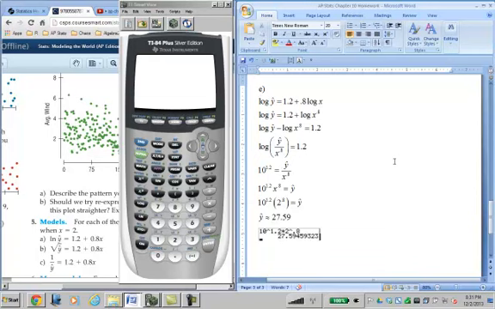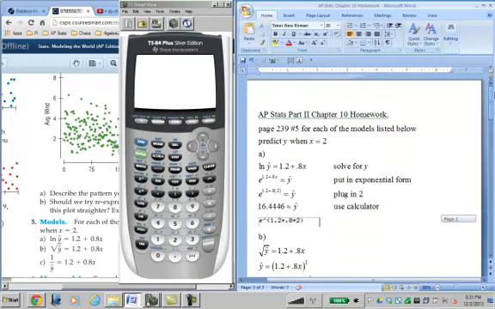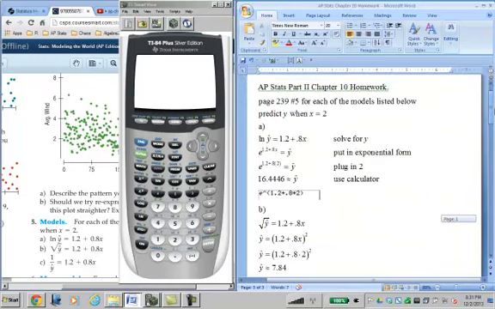Okay, now what did we end up with here? We ended up with what's called the power function, where you have y equals a times x to the b, where x is raised to some power, and a, the starting point, is 10 to the 1.2. Earlier, I think in the first problem here, we ended up with the exponential form, where x is an exponent.